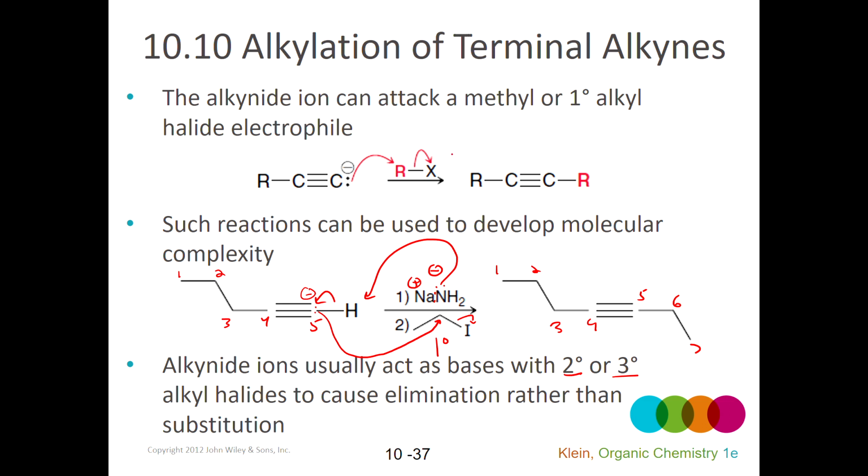If I did have my alkynide and I react it with a primary alkyl halide, it'll attack and do an SN2 most of the time. If I try to react it with a secondary alkyl halide or a tertiary alkyl halide, well then the sterics are going to preclude the direct attack at the electrophilic site.